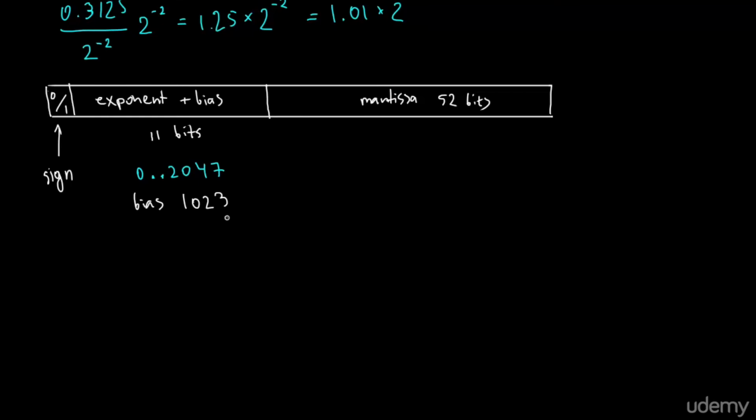So what this means is that instead of having the number represent the exponent exactly, we have the number that's being stored here, and then we add 1023 to it. And this gives us a completely different range of possible exponents, because instead of having the exponents from 0 to 2047, we have exponents from negative 1023 all the way up to 1024.